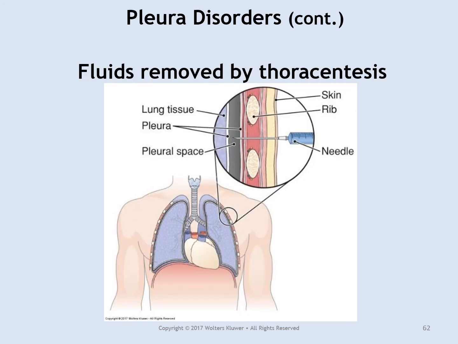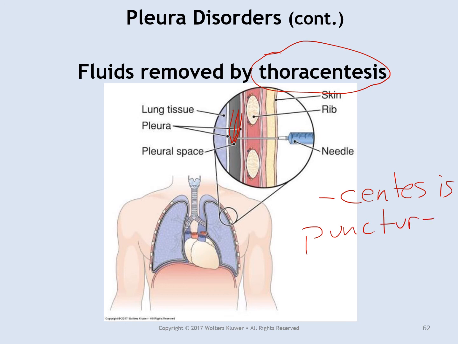If you do have a patient that has fluid in between the layers of the pleura, you're going to have to do a thoracentesis to get that fluid out. You may never have heard of a thoracentesis, but if you have ever been pregnant, you may have heard of an amniocentesis. Centesis means to puncture for fluid removal.